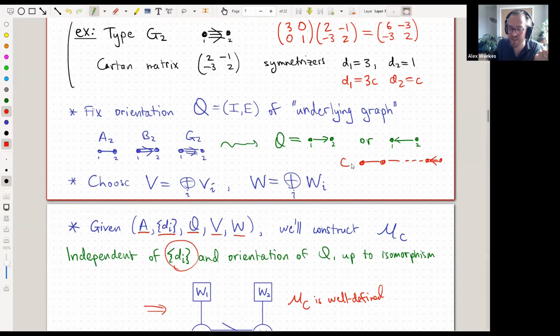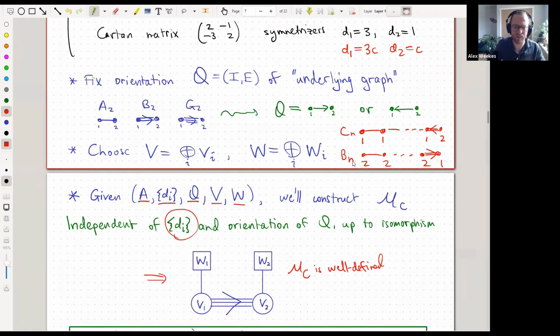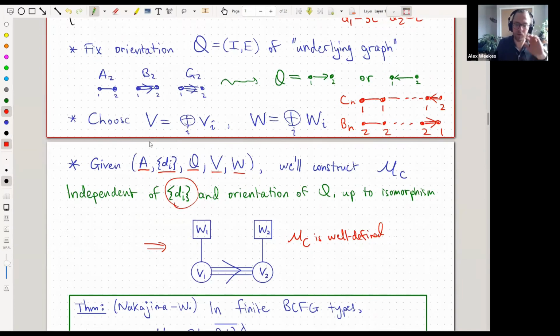If this is type C, I believe the symmetrizers are 1, 1, 1, 1, 1, 2, and for Bn, I'm always embarrassed, maybe I have these backwards, but assuming I have Cn and Bn correct, then it goes 2, 2, 2, 2, 2, 1. And so the construction will see the difference. Yeah, that's a great question. Sorry if my wording was a little unclear. But essentially it's a unique choice of these d's up to a scalar. And so here, up to isomorphism.